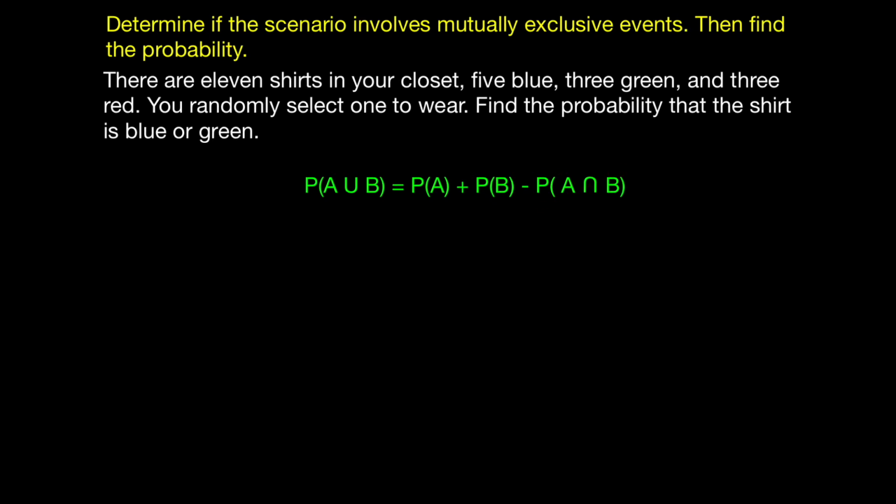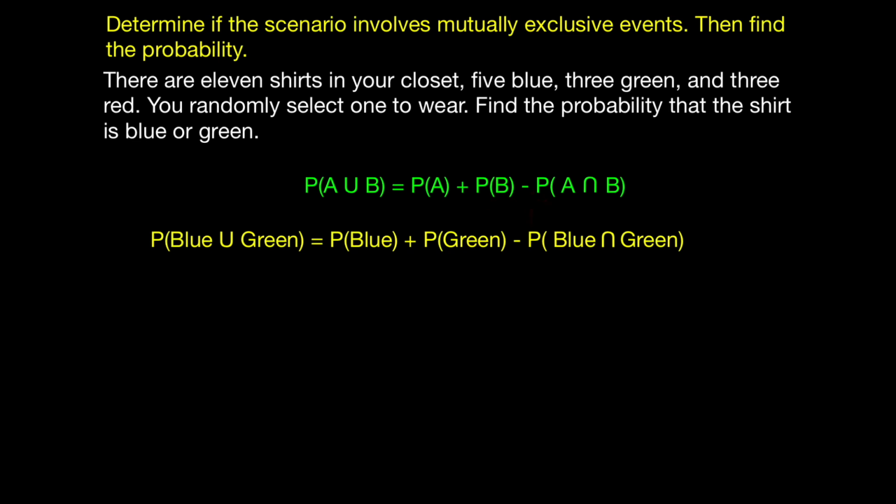So here, I'm going to use this formula to address the problem of getting a shirt that is blue or green. That's going to equal the probability of getting a blue shirt plus the probability of getting a green shirt, and then I'm going to subtract the probability of getting a shirt that's blue and green. Now the probability of blue, well, I have 5 out of 11.